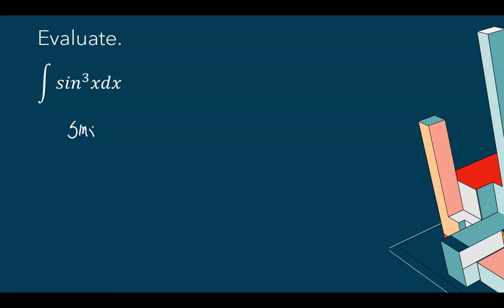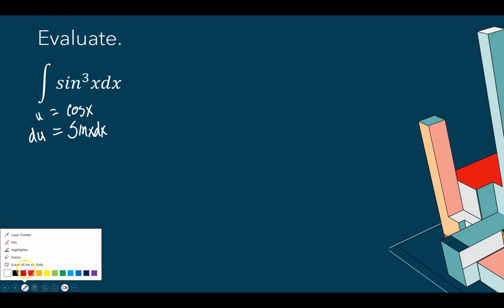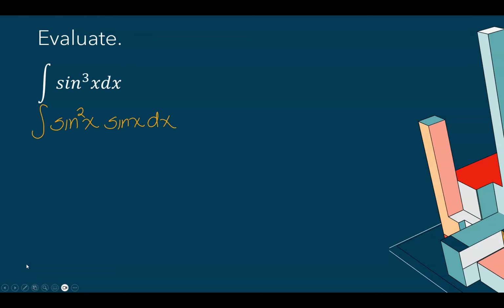And so maybe, and this is the case, maybe it's du that's sine of x. And if du is sine of x, that means u is some version of cosine of x, which is the case. Let me get rid of that, and then I'm going to animate what I already had written. And here's the hint. This sine of x dx, that is going to be du.